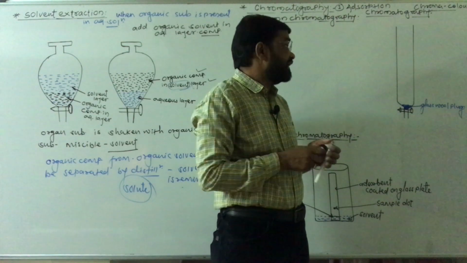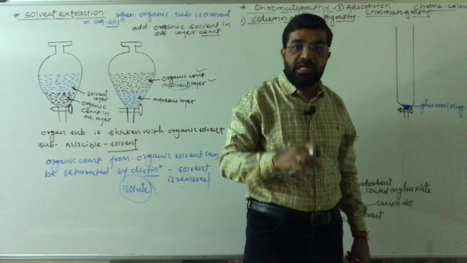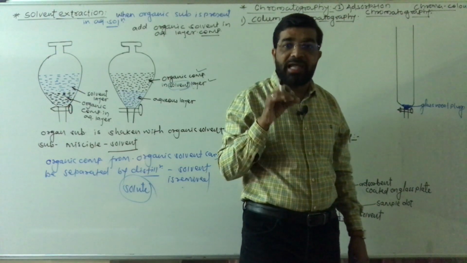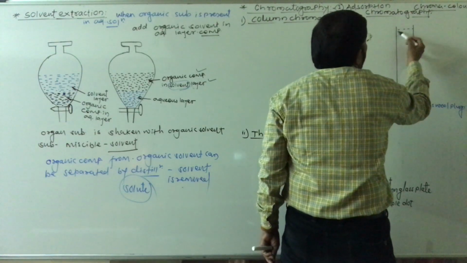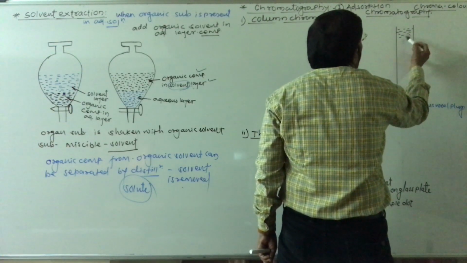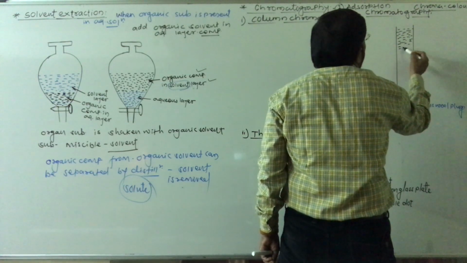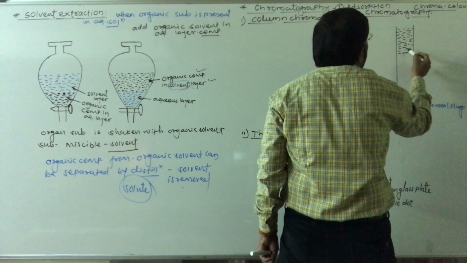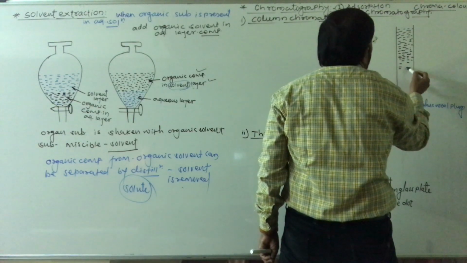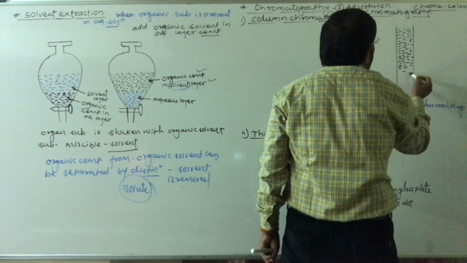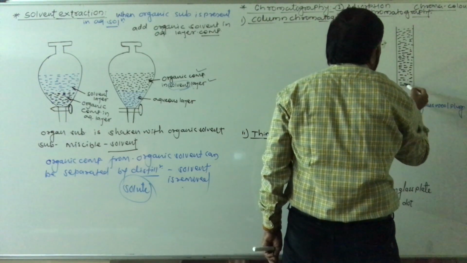Then this long elongated glass tube is filled with silica gel or alumina gel slurry. In this way it is completely filled with silica gel or alumina gel, and this is nothing but the column stationary phase being constructed.